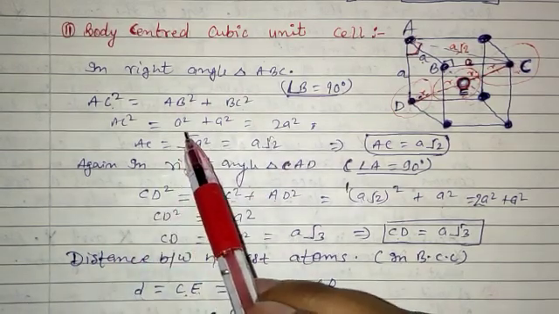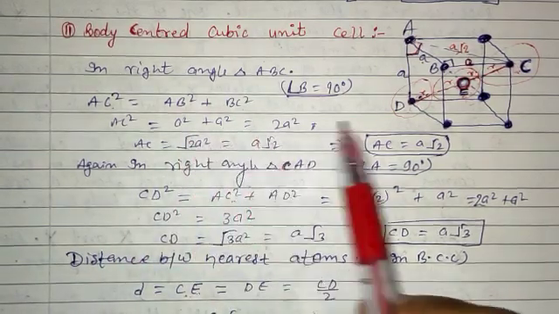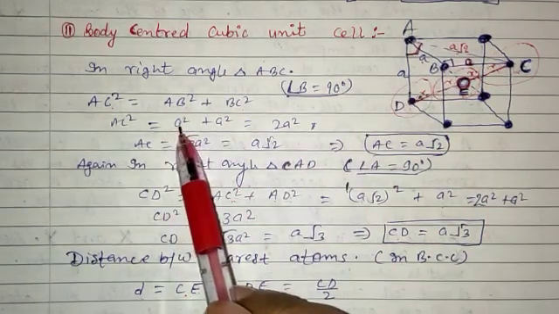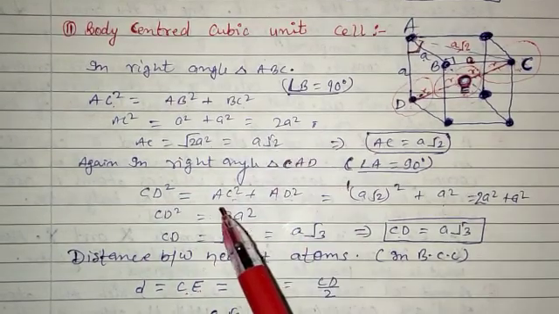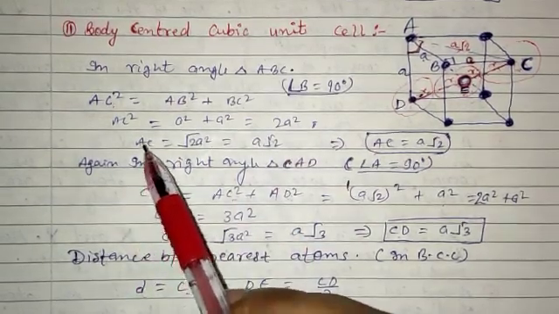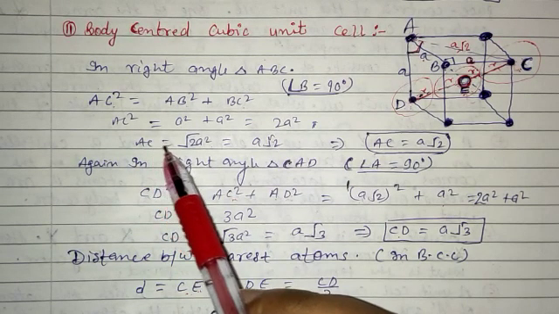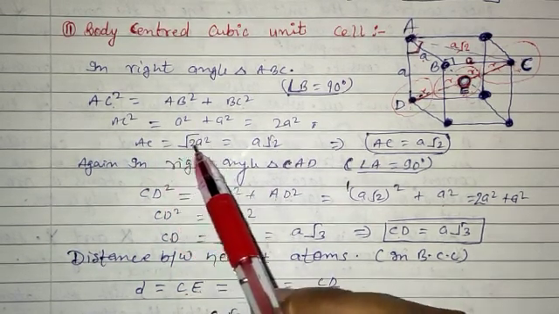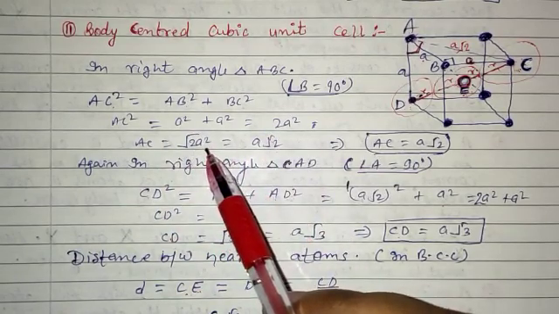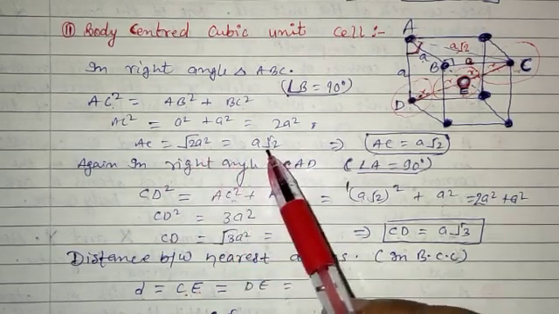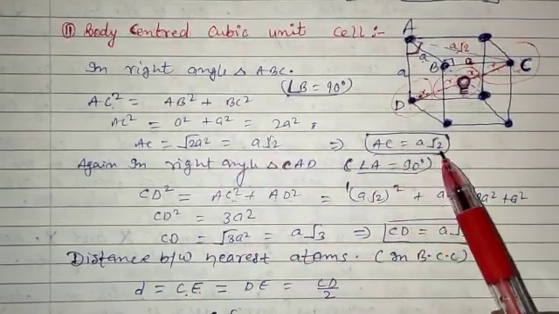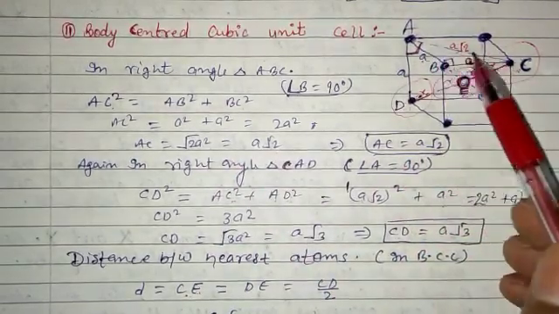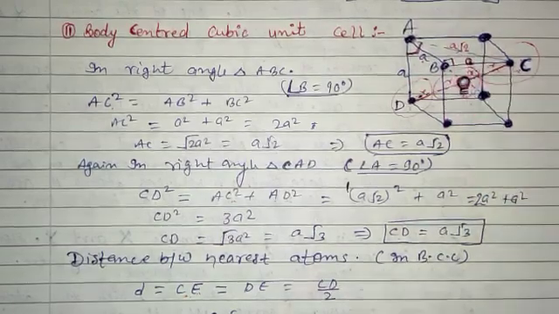So sum of edge length squares, a square plus a square, this becomes 2a square. AC will be equal to under root 2a square. Here a square is perfect square, so a comes out from the square root. So AC will be a root 2, that is face diagonal a root 2.